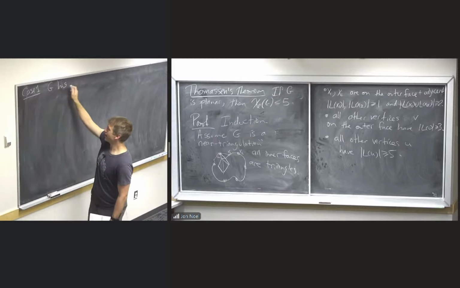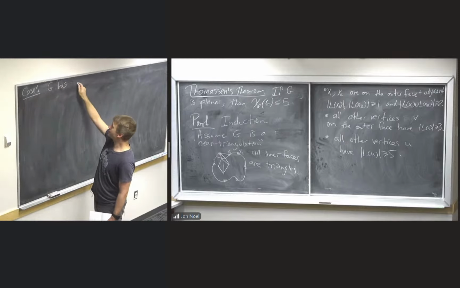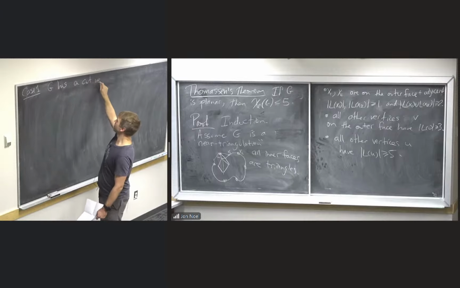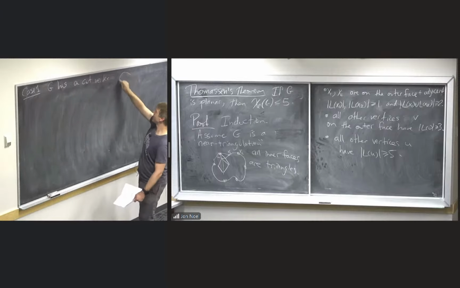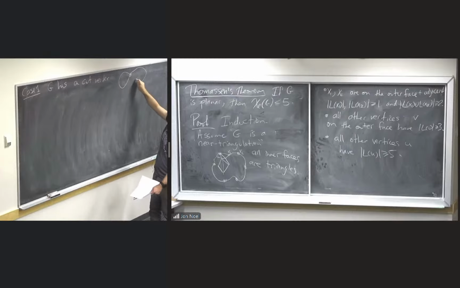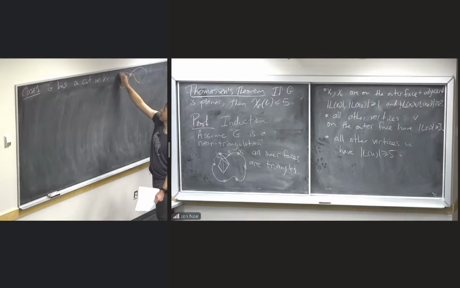I don't think I've ever explained what this means, but the picture is that there's some vertex that could disconnect the graph if I delete it. But this is not too bad. I'm going to be a little wishy-washy here, but I would basically split the graph in half.